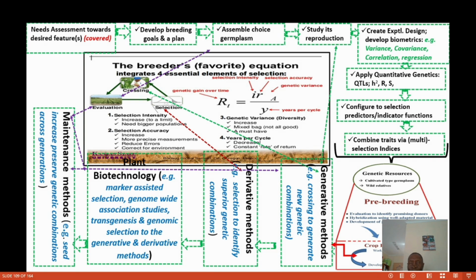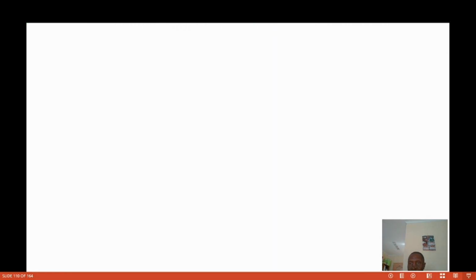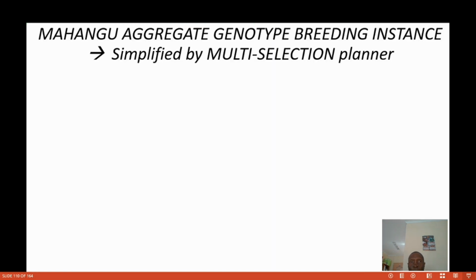So the plant breeding framework is very, very important. It's very key. What we are now getting into is the small part of this, but equally significant: how do you go about breeding?